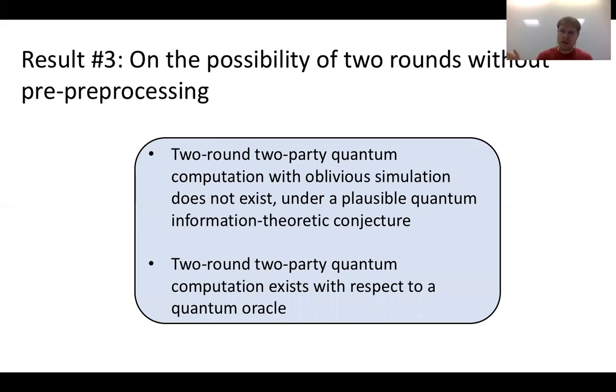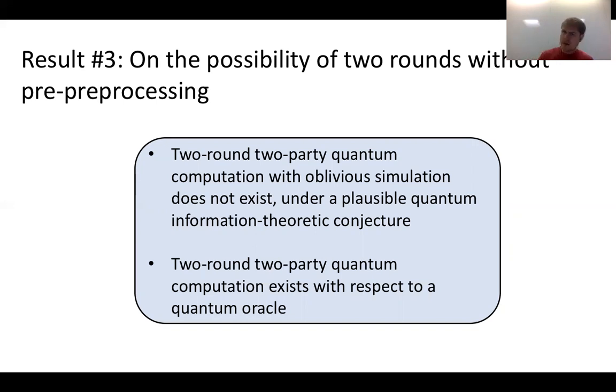This formalization takes the form of saying there is a particular class of simulators that is impossible, in the sense that you can't construct a two-round protocol with what we call an oblivious simulator. An oblivious simulator is one that programs the CRS independently of which of the two parties is corrupted.